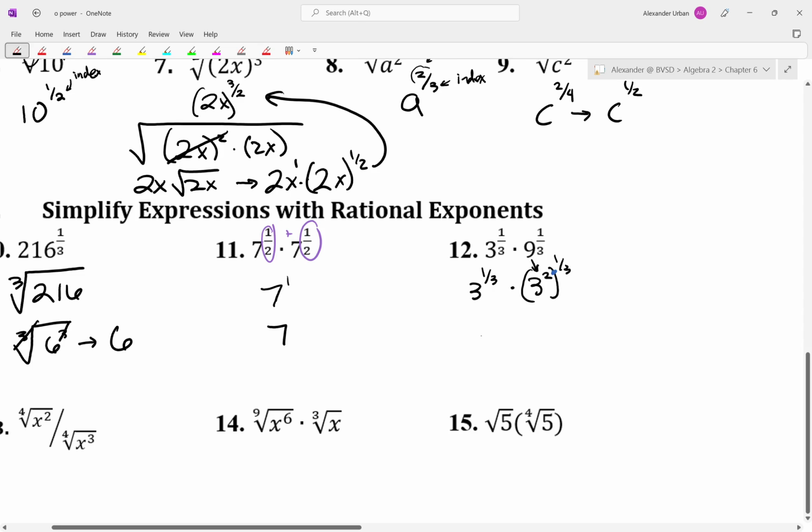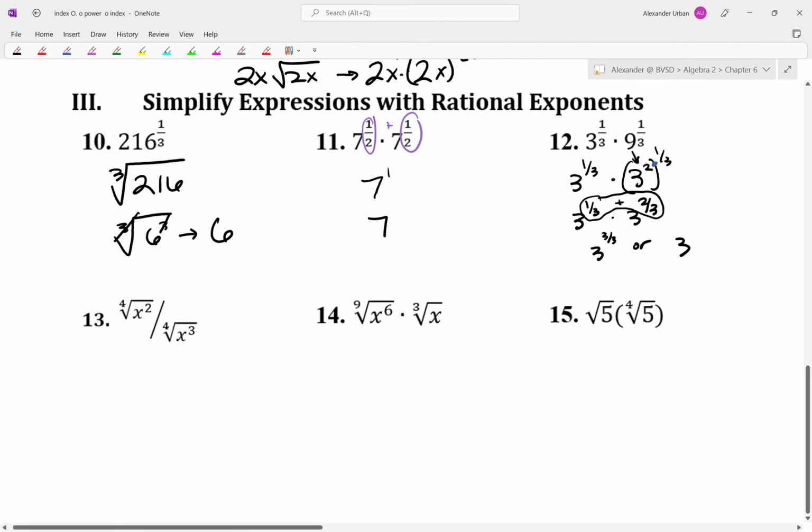So I'm going to end up with 3 to the 1/3 times 3 to the 2 times 1/3, which is 2/3. So let me say that again, 3 to the 1/3 times 3 to the 2/3. And then we're going to do the same thing we did before, which is if we're multiplying the same bases, we add the exponents, and we end up with 3 to the 3/3, or just 3, because that's 1, first power.